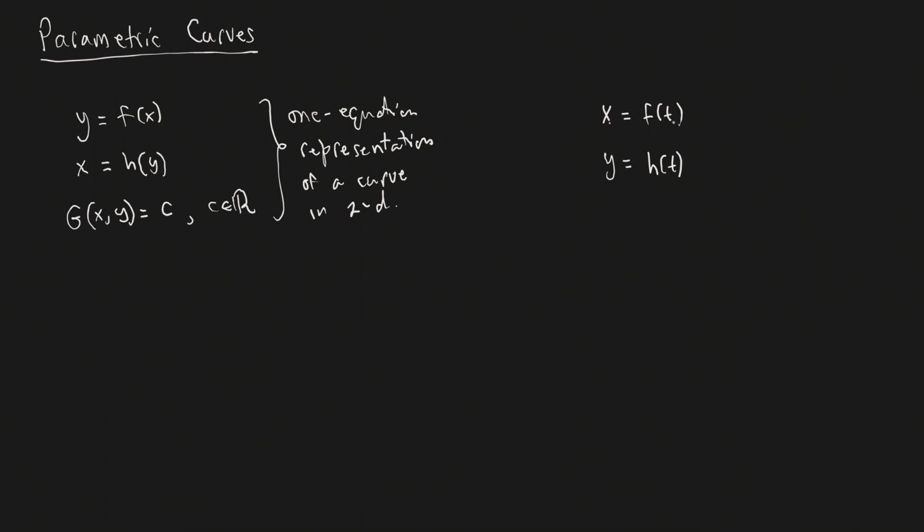So x is a function of t, y is a function of t, and together these 2 equations, so let me put a brace there, this is now a 2 equation representation of some curve, so of a curve in 2 dimensions, right?